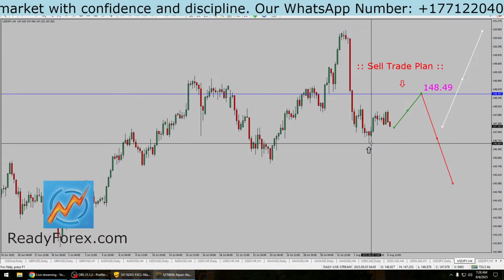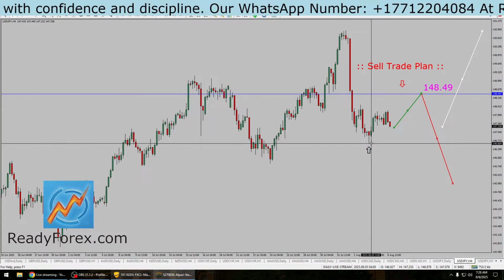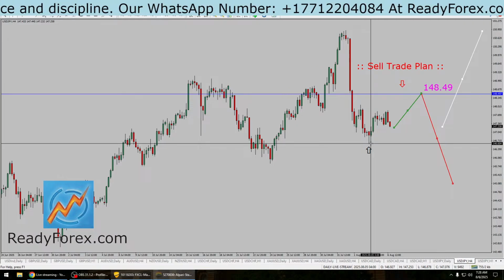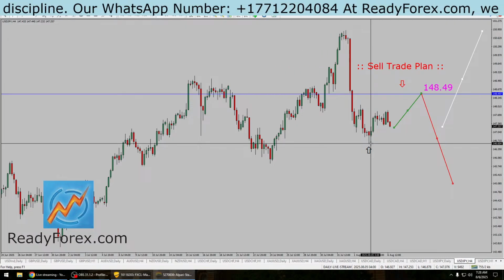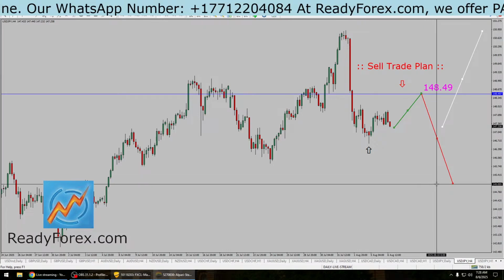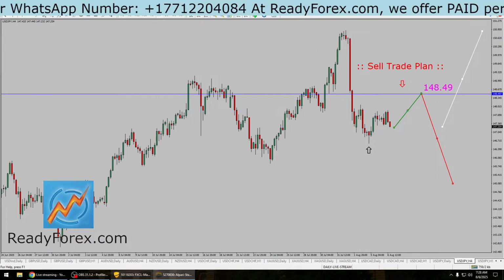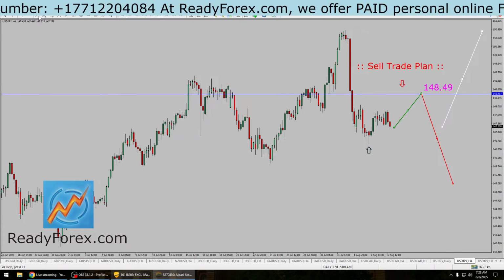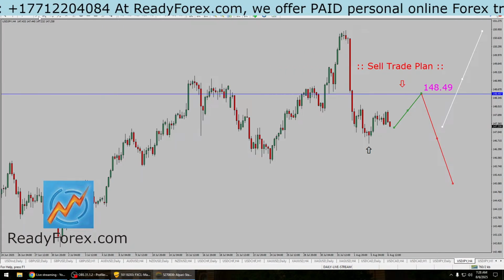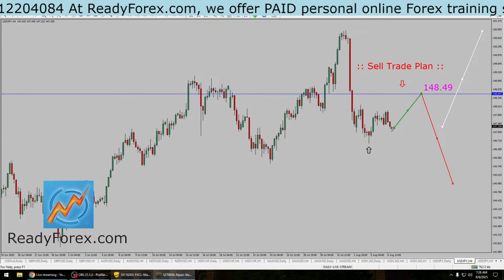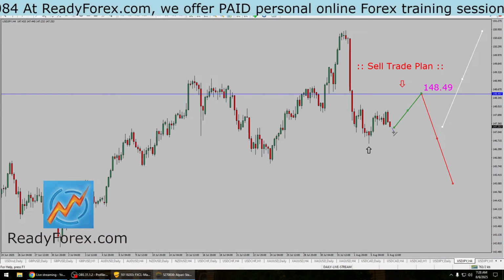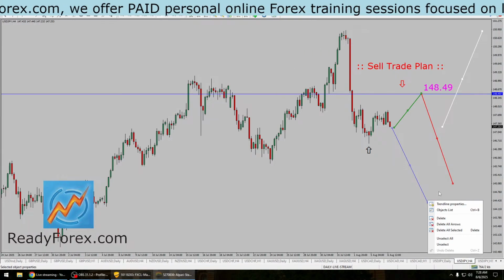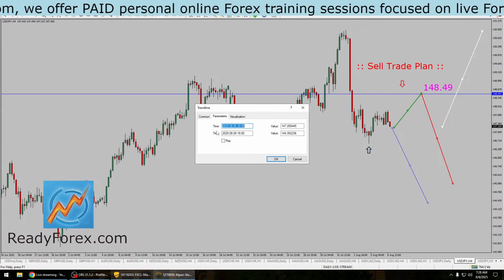So the second idea is to wait for price action to break below the old swing low, and then the chances are high that price action is going to continue the decline. So speaking of plan B, the alternative Elliott wave count, it's quite possible that the USDJPY currency pair is going to drop below current levels.